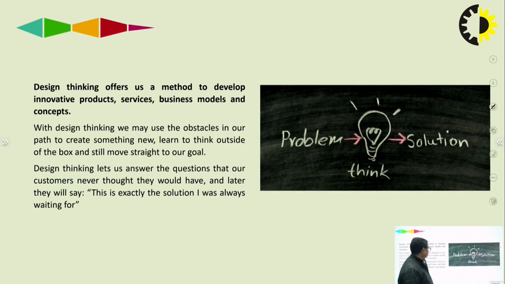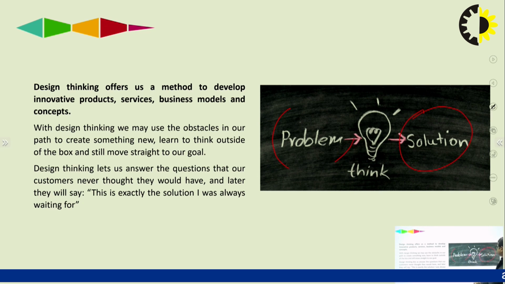The next thing is, let's try to understand what design thinking is offering us. Design thinking is basically the way we can move from problem to solution. Ultimately, our aim is to move from problem to solution.